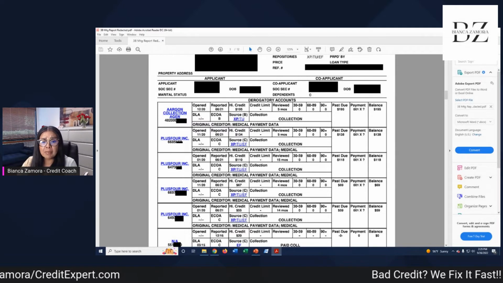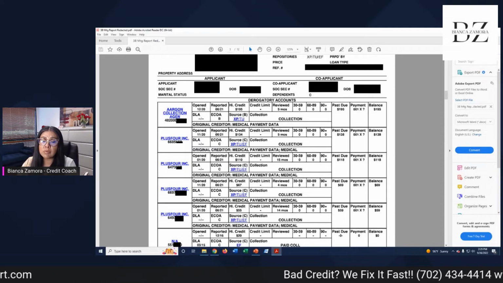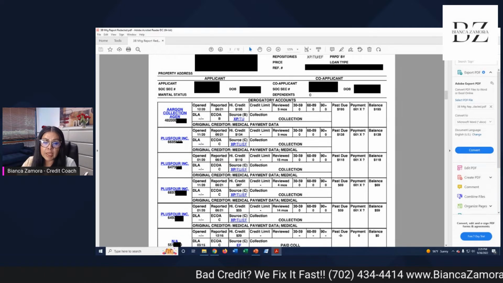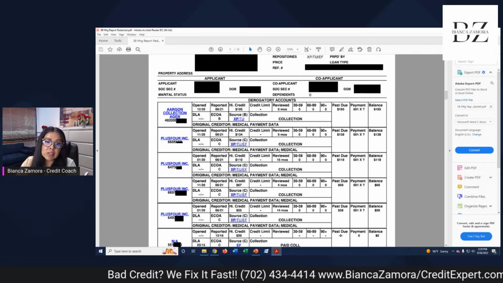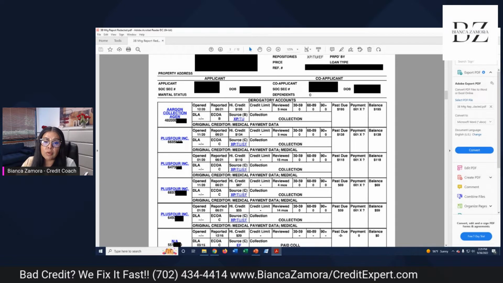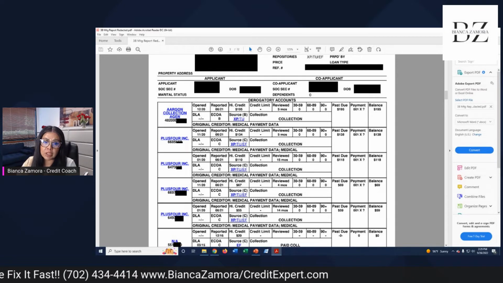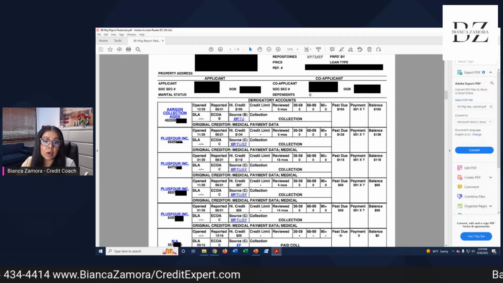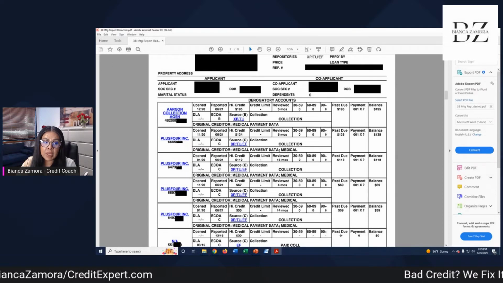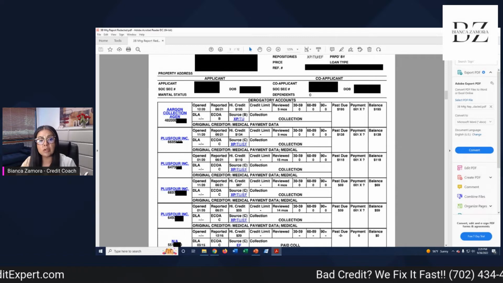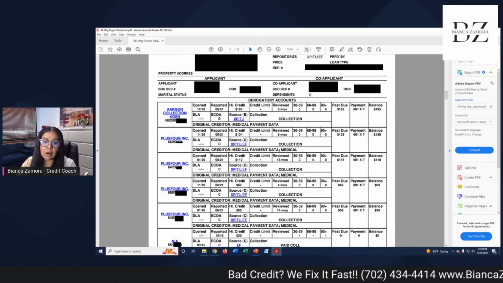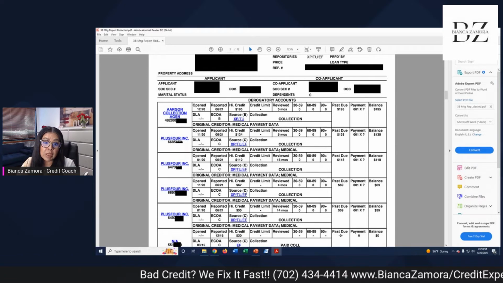Next to that is going to be the months that this account has been reviewed. The reviewing is done by the credit bureau. This is the number of months that the credit bureau has included this particular account into the credit score. Obviously 5 months is not that long, but if you continue to scroll down, you'll see that there are accounts that have been reviewed for 15 months or more.